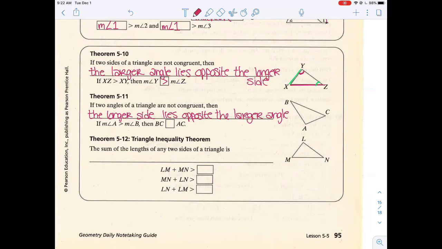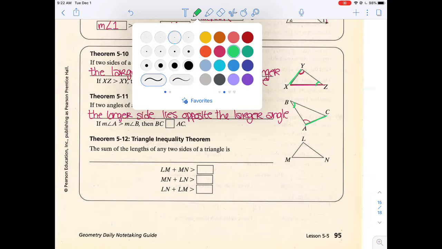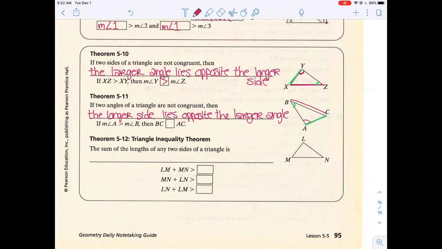So the last one said, I know one side is bigger than the other, so that tells me one angle is bigger than the other. 5.11 says we know one angle is bigger than the other, so we know one side is bigger than the other. So in this case, they're saying angle A is greater than angle B. B goes with AC across over here, and angle A goes with BC across on this side. So BC is greater than AC.